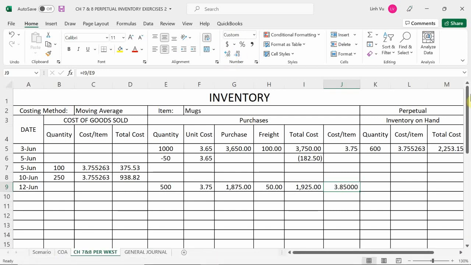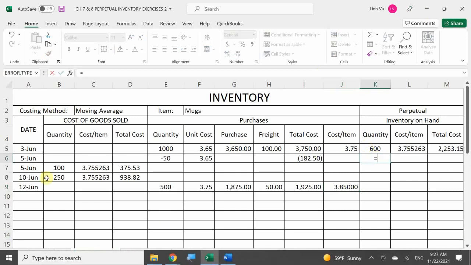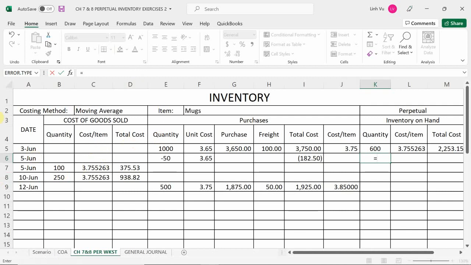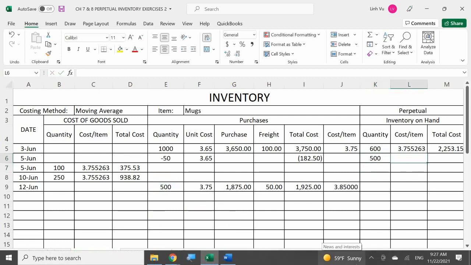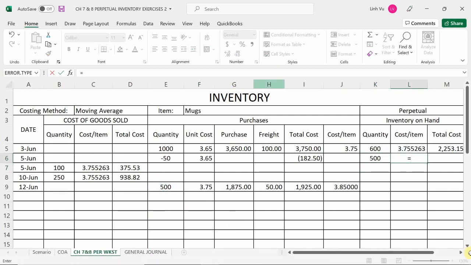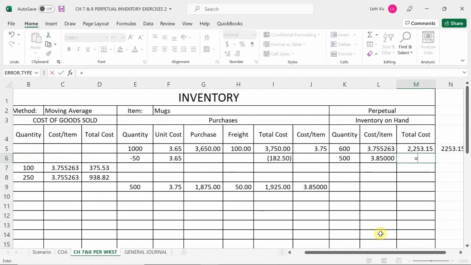Now this is because we're using LIFO, right? We're going to add this entry in here since we need to keep track of what came first and what came last. So we got 500 at $3.85 each, which should give me a grand total of this right here.